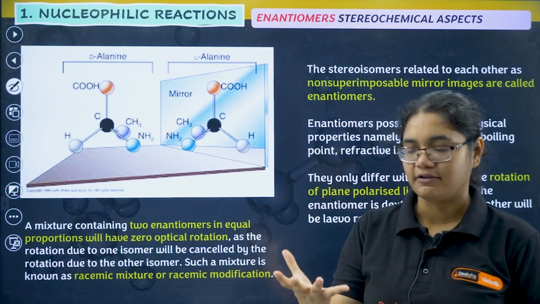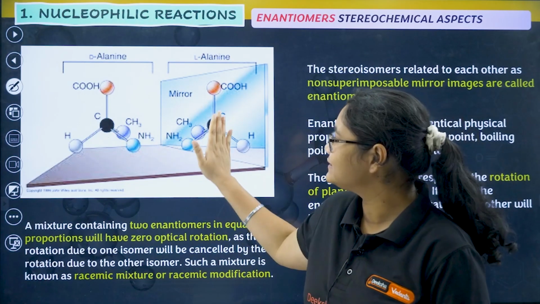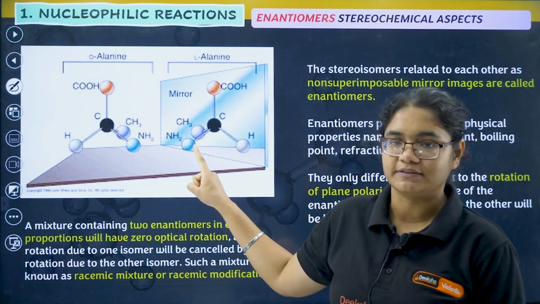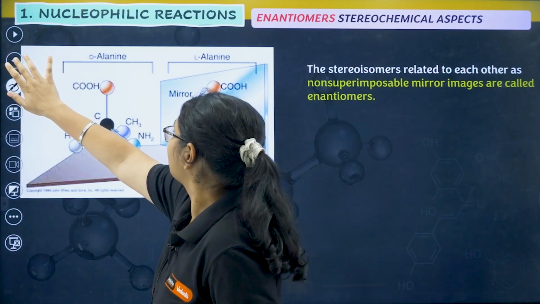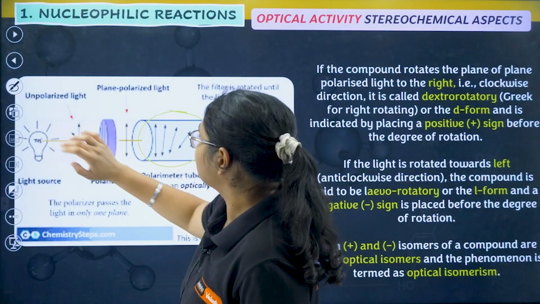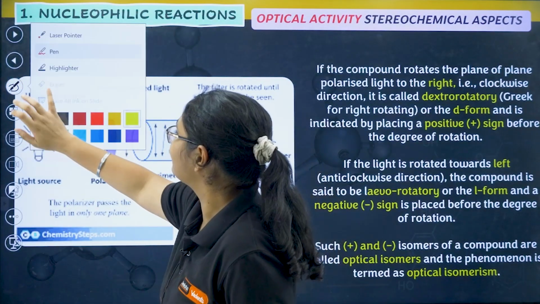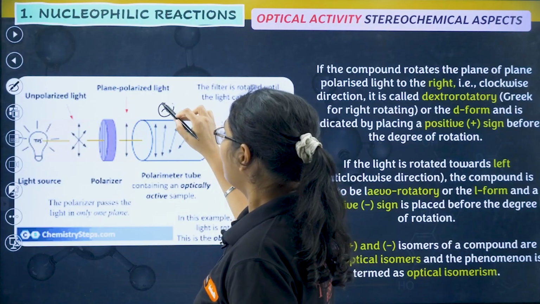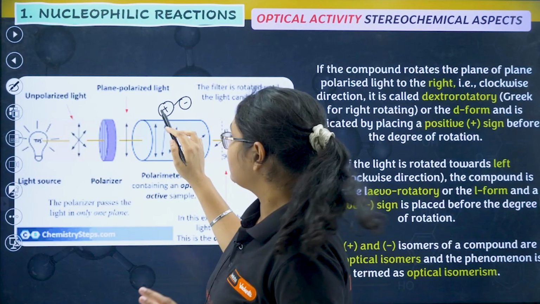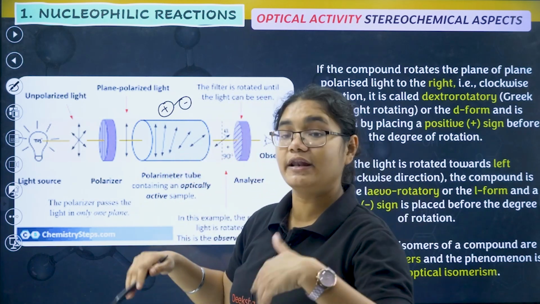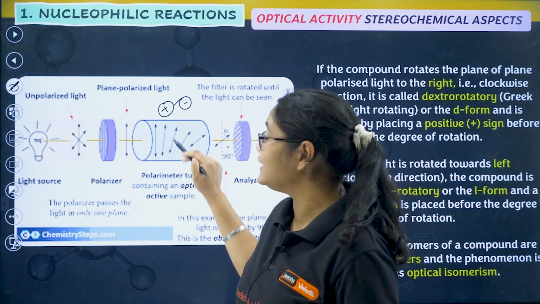If you have a mixture where both these compounds are present, 50-50% of each, for example, if we go to our polarimeter, just a minute. Suppose in this particular compound you have both the enantiomers, one is plus, one is minus. Both are rotating in equal and opposite directions, and they are present in equal amount.